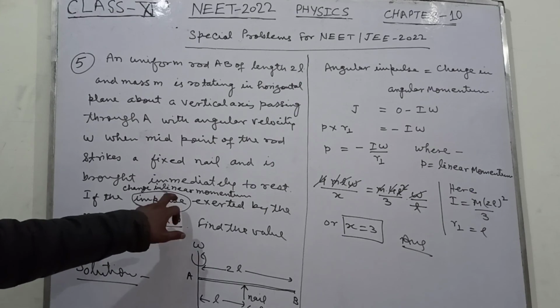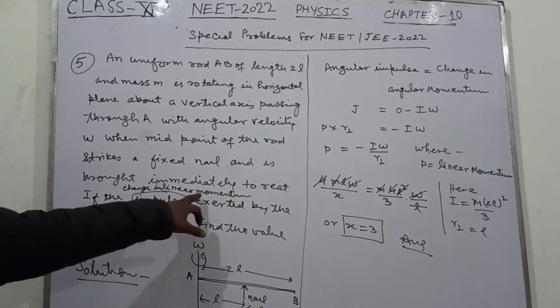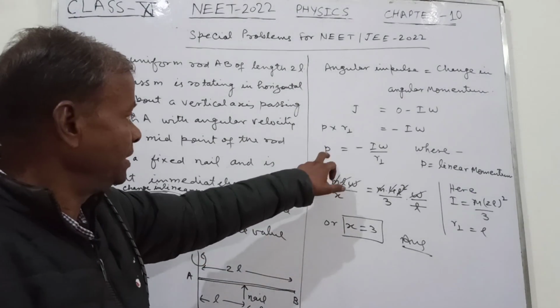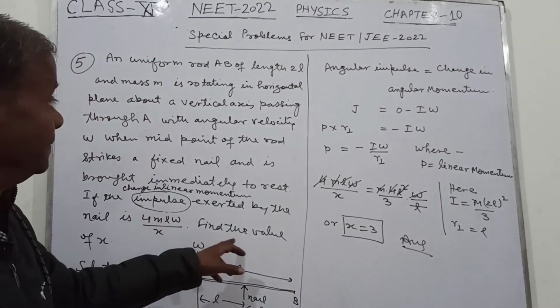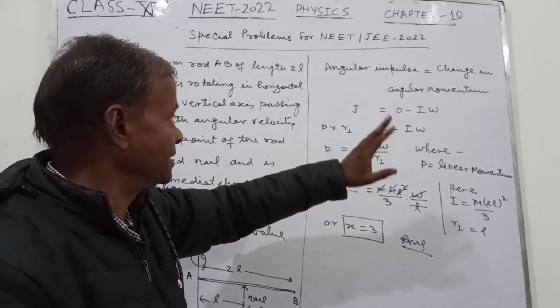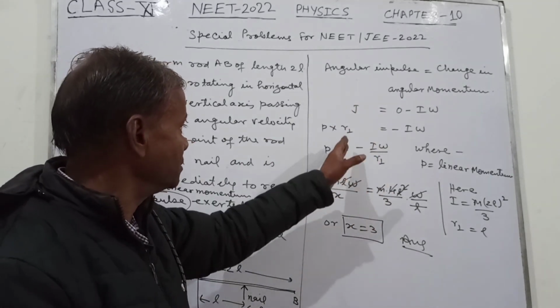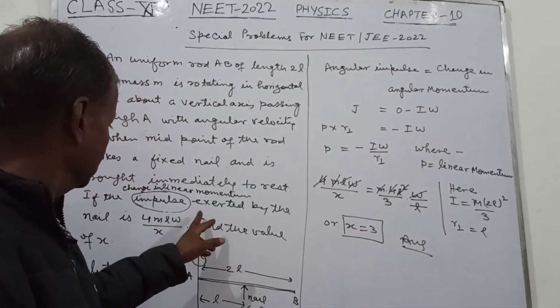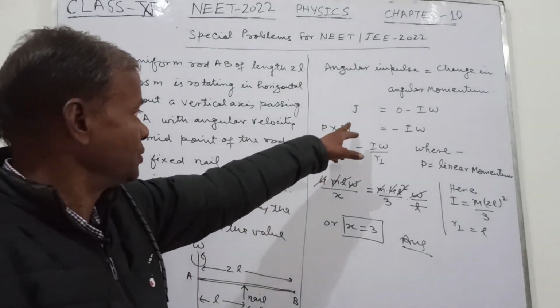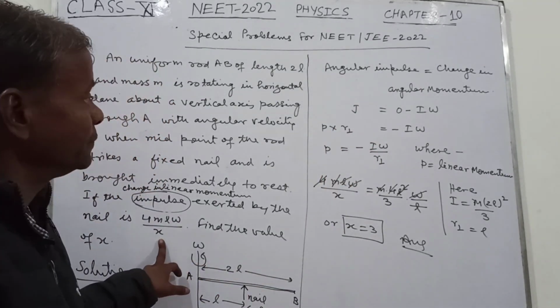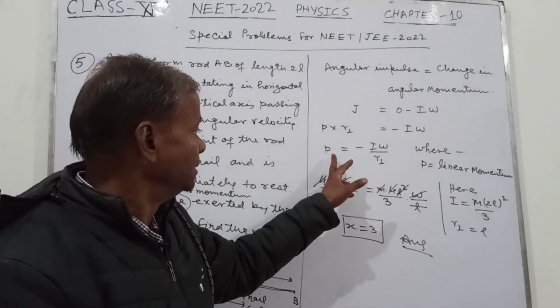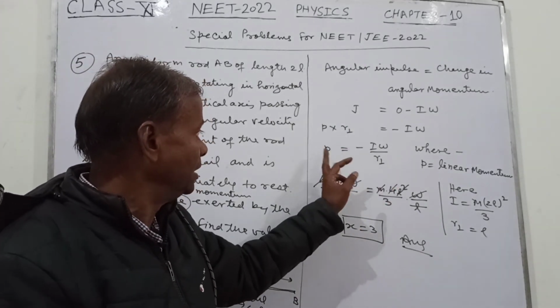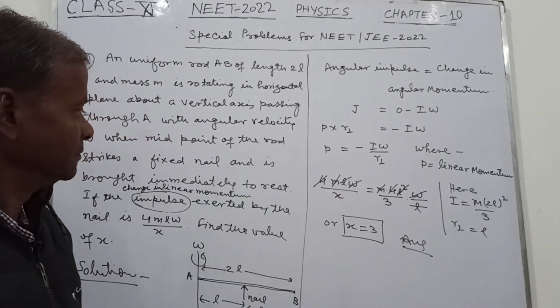Only then can we find it, because if the impulse J is given, then J is already equal to this. We are given this impulse J, so in place of J we have to write this. But the answer is given to be 3, so we have to find the linear momentum.